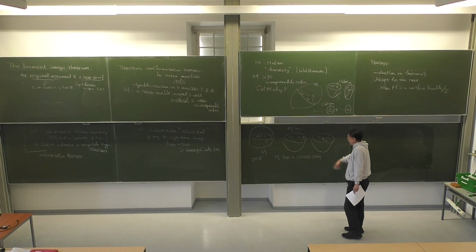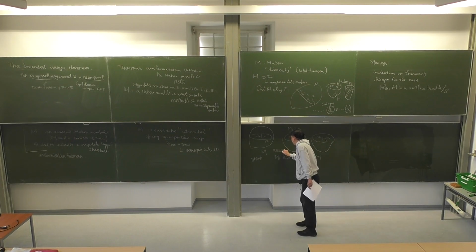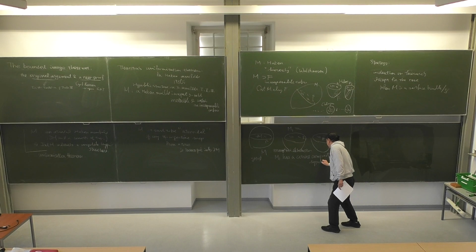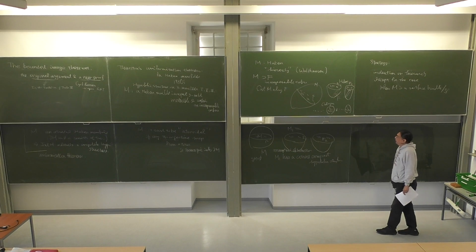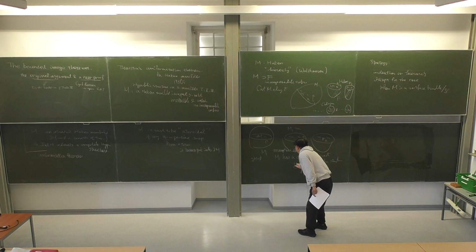So the assumption of the induction is that M1 has a convex compact hyperbolic structure. What we should prove under this assumption is that M also has a hyperbolic structure.